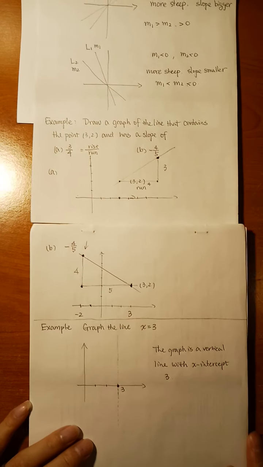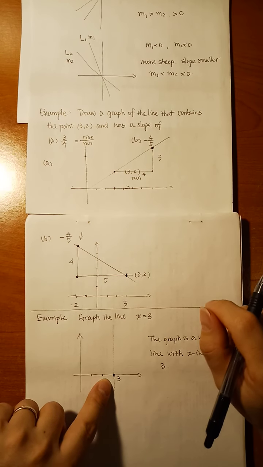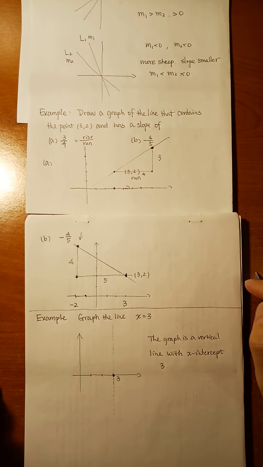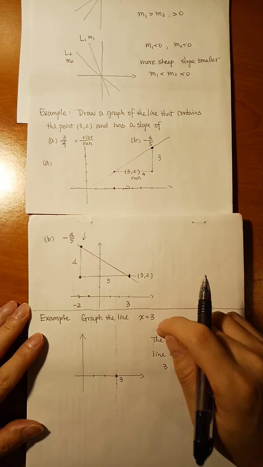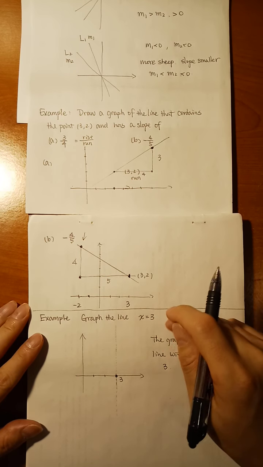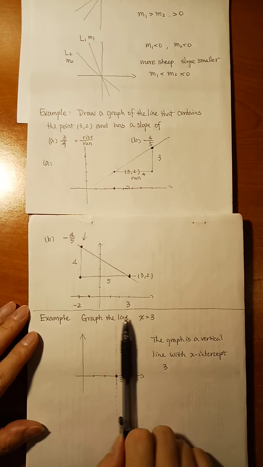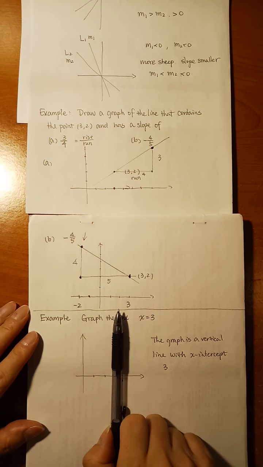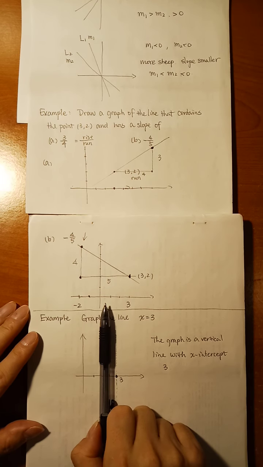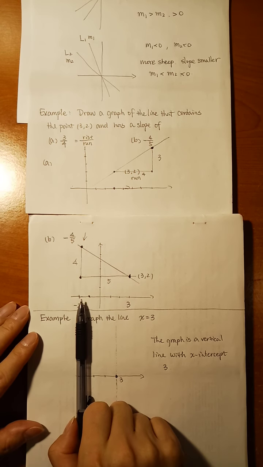A vertical line with the x-intercept 3. It intersects the x-axis at 3. All the vertical lines have more or less the same equation, x equal to something. The only difference is the x-intercept. So this is x equal to 3, a vertical line. This is x equal to 2, a vertical line. This is x equal to 1, a vertical line. The y-axis is also vertical.